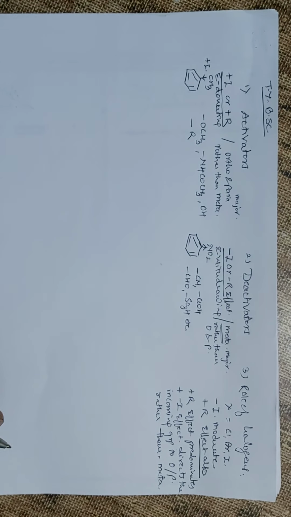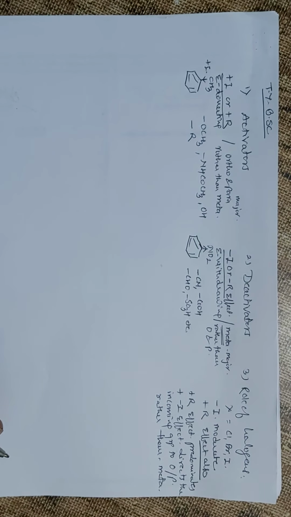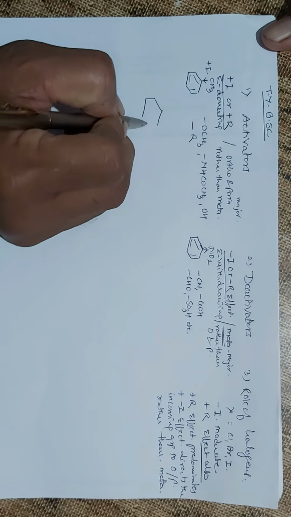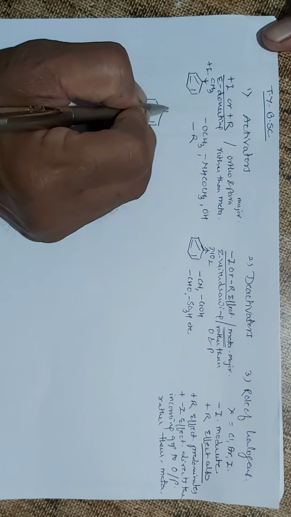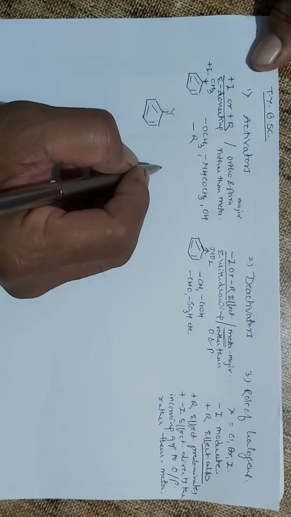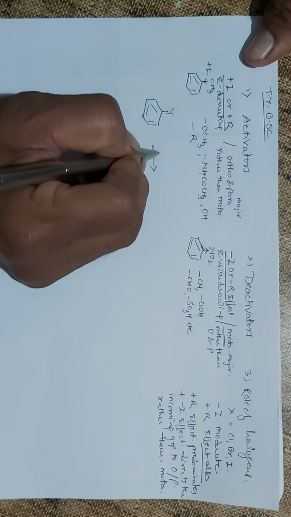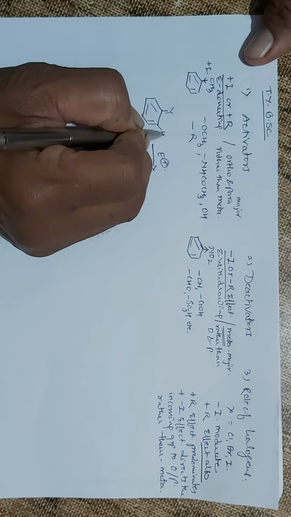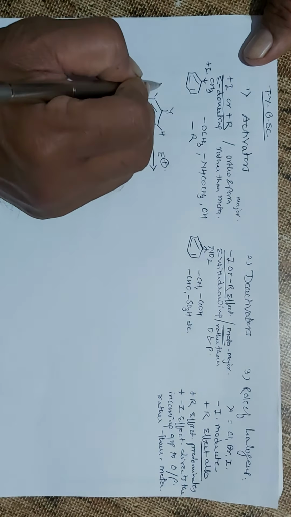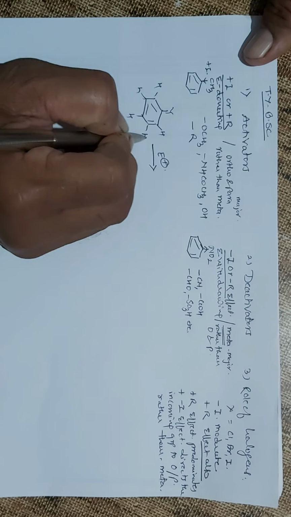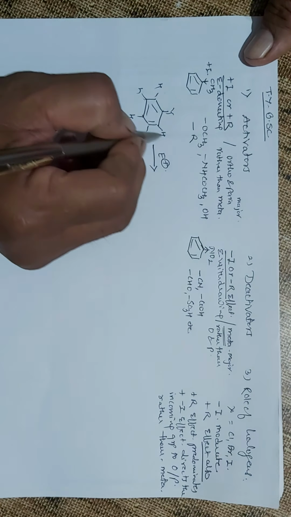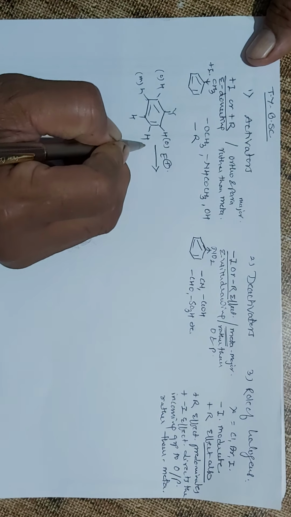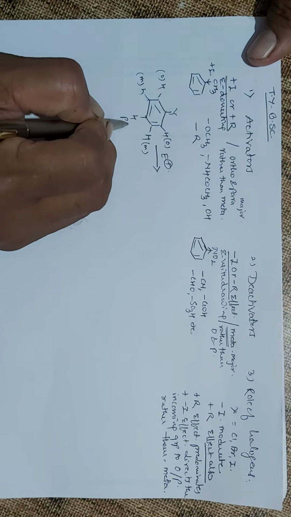And so whatever we say, depending upon the substituent that is present, it may be an activator, it may be a deactivator, you are supposed to get the electrophilic substitution either at ortho position, meta position, or para position. So these hydrogen atoms at the different positions: this is ortho, this is ortho, this is meta, this is meta, and this is para.